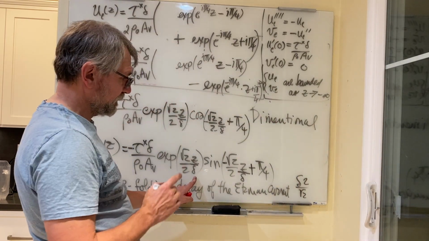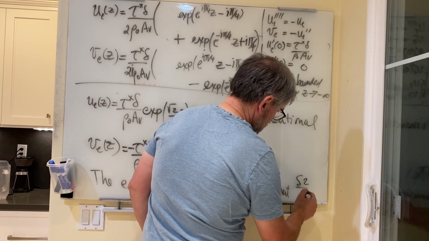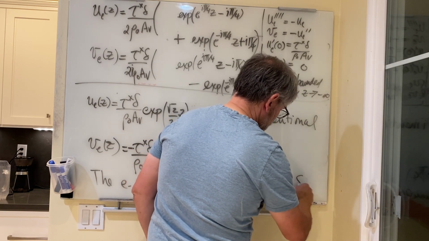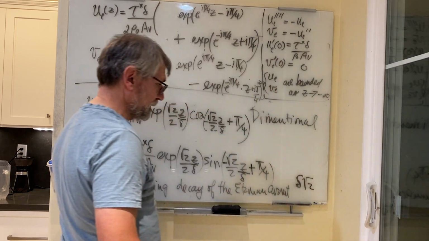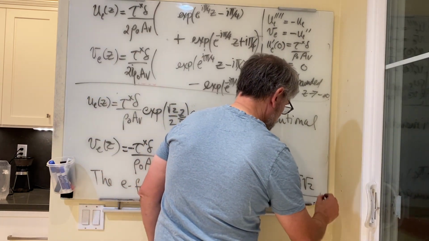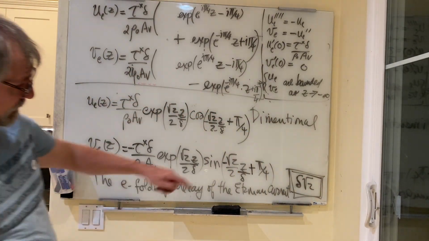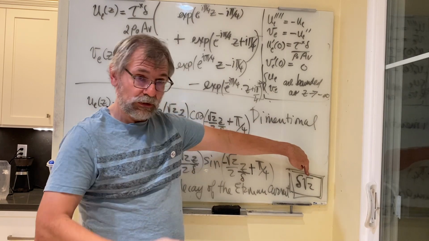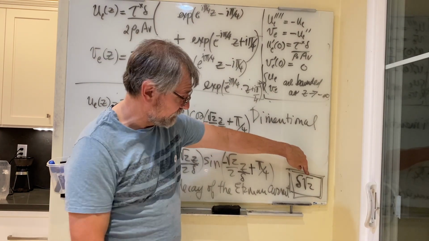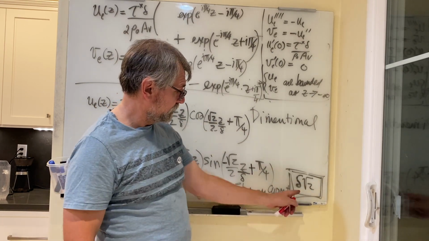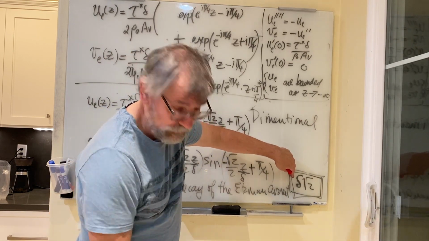If I multiply top and bottom by root 2, this becomes delta times root 2. This is the length scale, the thickness of the Ekman layer, you could think of it that way. So by the time you go down the depth of delta root 2, you've decreased the speed of the surface current by a factor of e, one exponential e. And if you go twice this depth, then you have 2 factors of e.